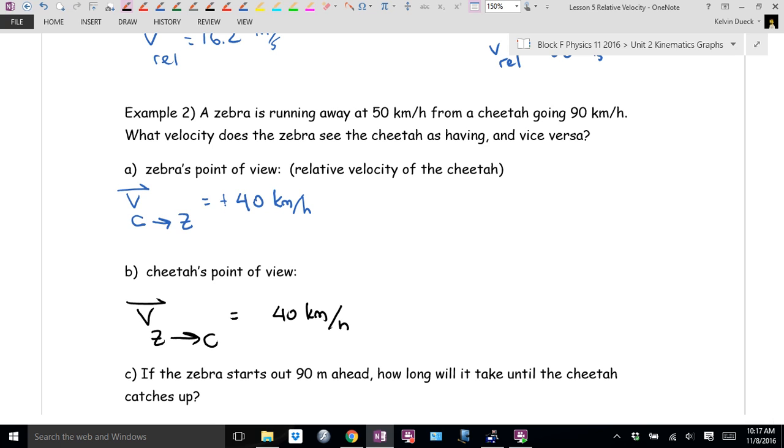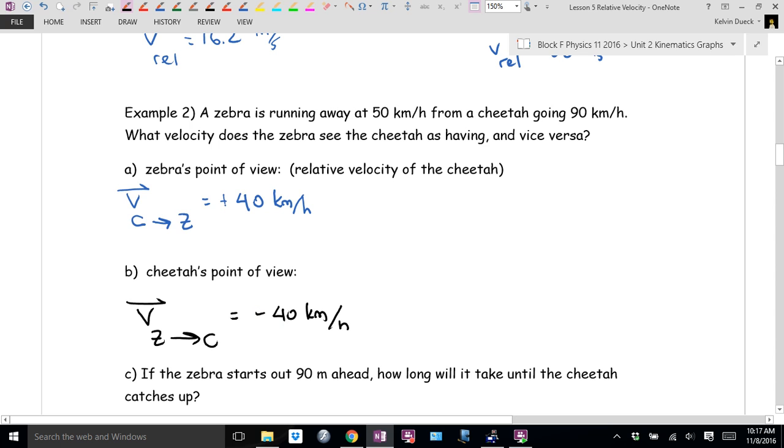Well, the cheetah sees the hindquarters of the zebra getting closer and closer, and dinner's ready. So as far as the cheetah is concerned, if we imagine the cheetah is standing still, its brain sees the zebra slowly backing towards it. How would I show backing towards it? Negative.